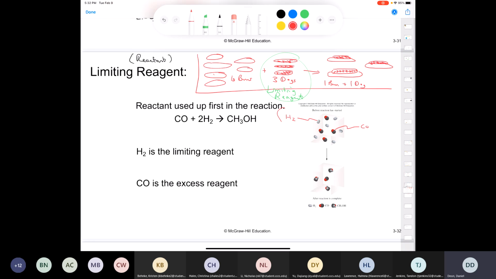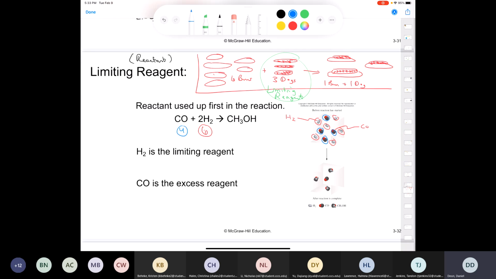If you look at this cube over here, how many hydrogens do we have? We have a total of 1, 2, 3, 4, 5, 6. So we have 6 hydrogens. I'll just put the number 6 down there. How many carbon monoxides do we have? We have 1, 2, 3, 4. We have 4 carbon monoxides.